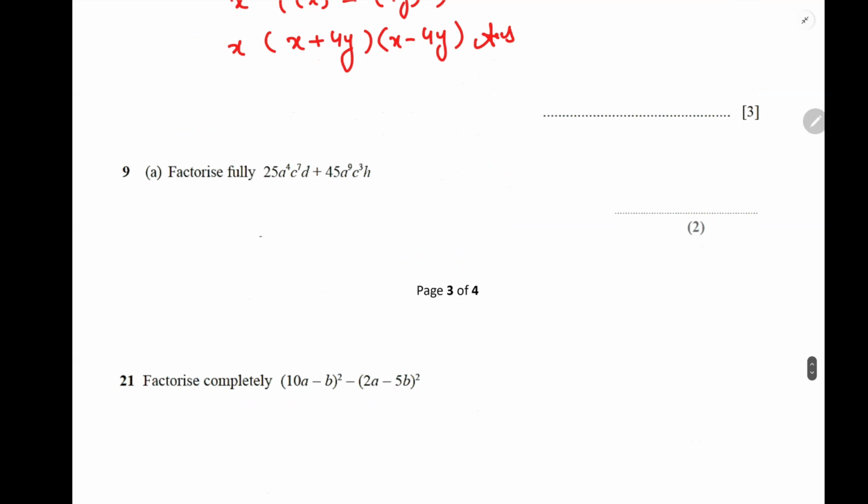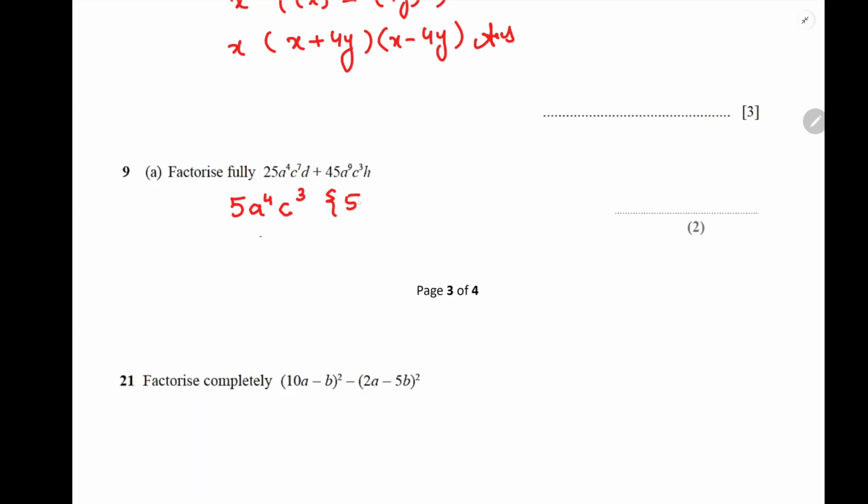Okay. Now here we have to go for the common. I can take 5 common. The maximum common in A, I can take A4. For C, I can take C raised to the power 3. And no D and no H. So 5 5s are 25.